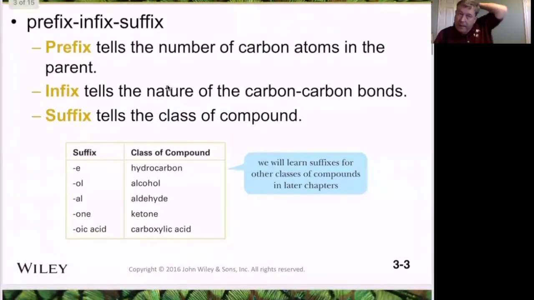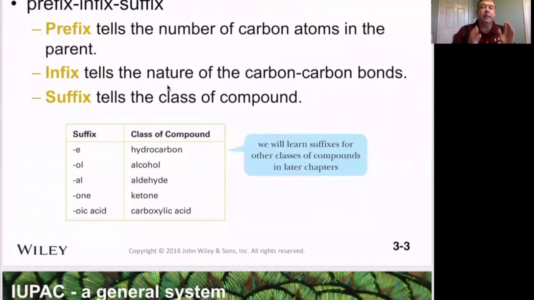Now that we have the infix, which tells us the nature of the carbon-carbon bonds, whether we have a single bond, a double bond, or a triple bond, the suffix actually tells us a little bit about the class of the compound or the functional group attached to it. In the case of a hydrocarbon, the suffix would be an E. So in hexane, the "an" is the infix and the E is the suffix.